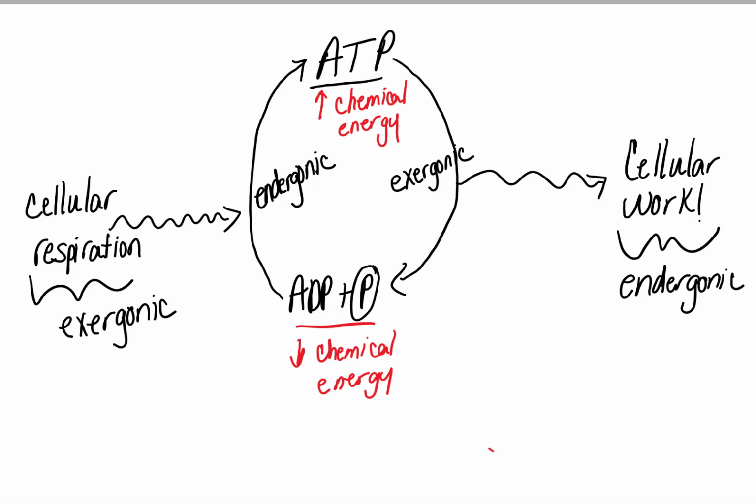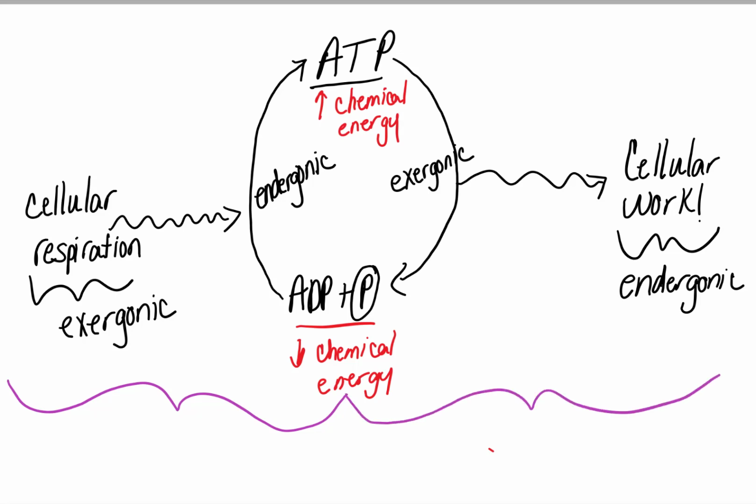So when we look at this recycling visual of ATP, we can see that there is one side here that represents energy coupling, and we also have another example of energy coupling over here. So these different sides of the circle represent different examples of energy coupling.